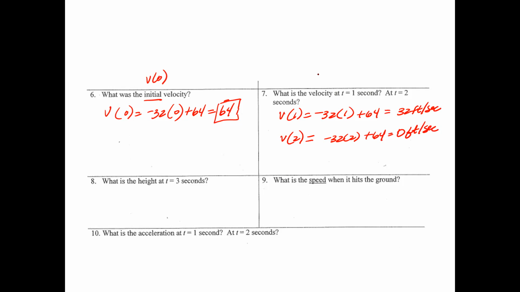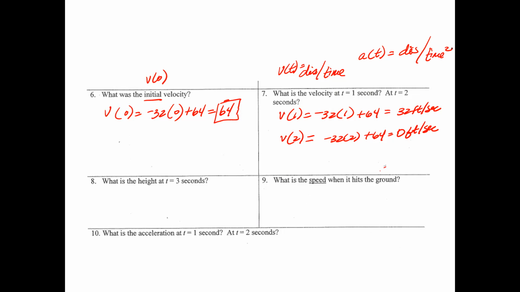With velocity, it's always going to be the measurement in distance over time. With acceleration, it's always going to be distance over time squared. So notice the difference of units.